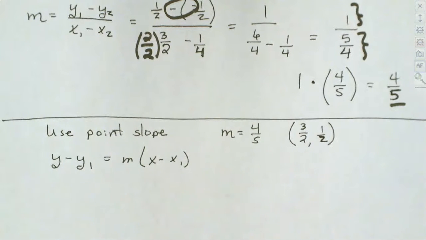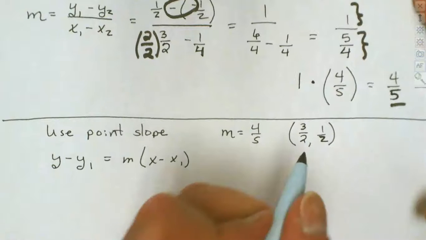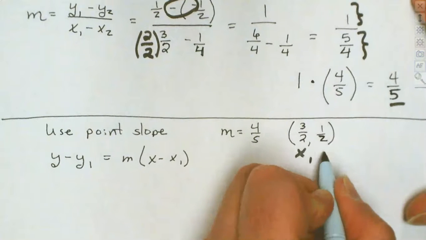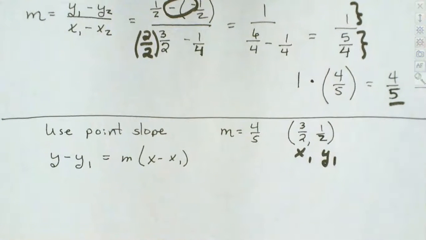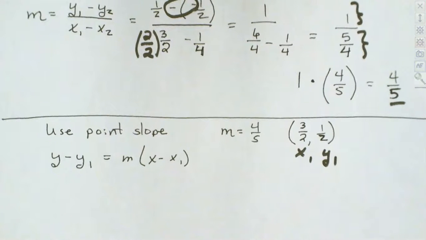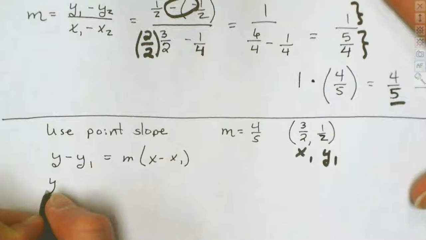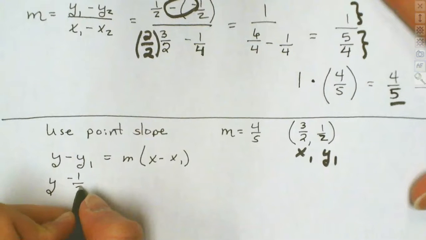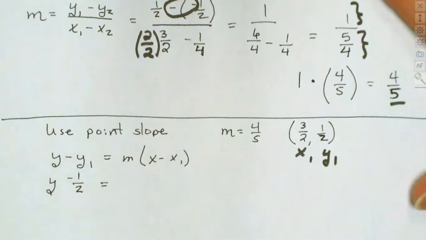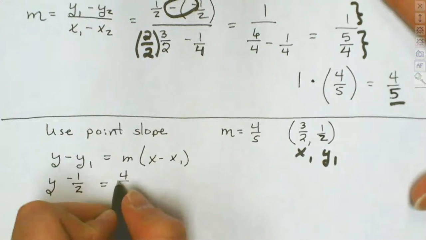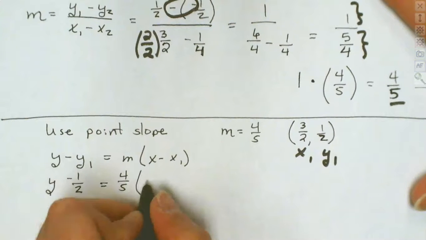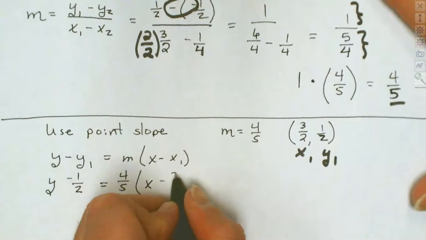And this again is your x1 and your y1. Plug your values in, and you get y minus 1/2 equals 4/5 times x minus 3/2.